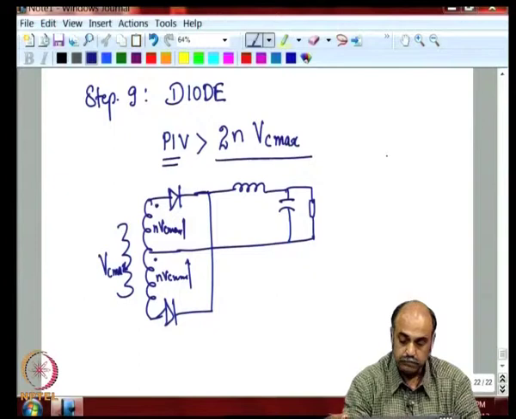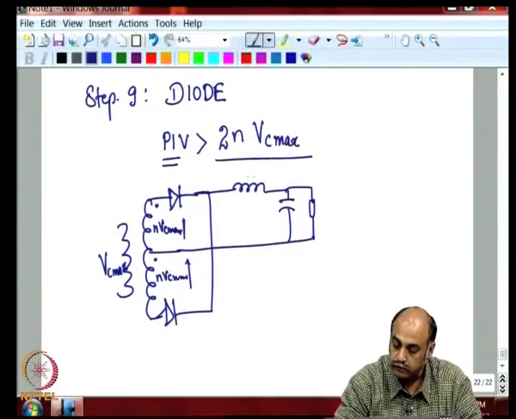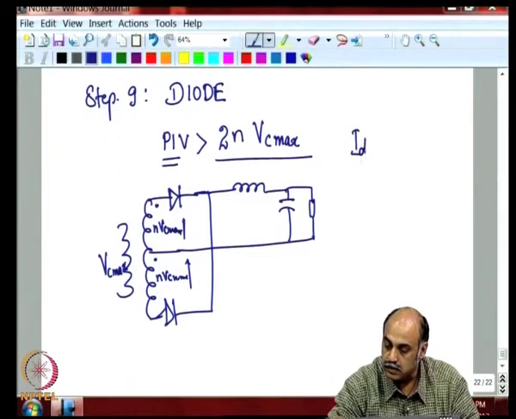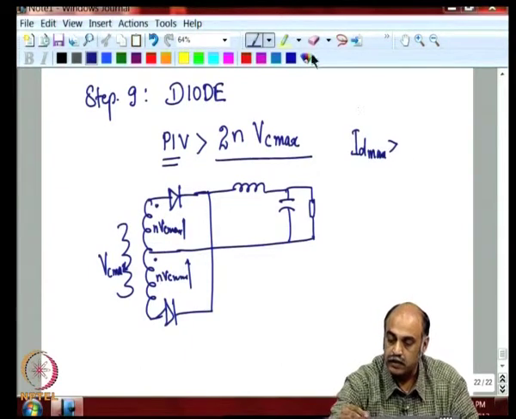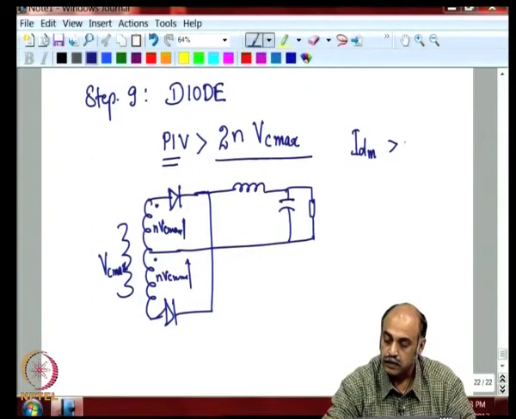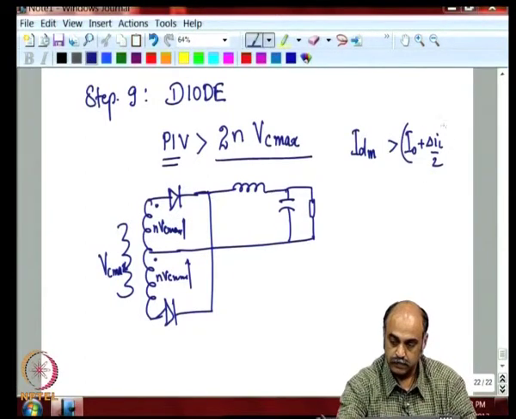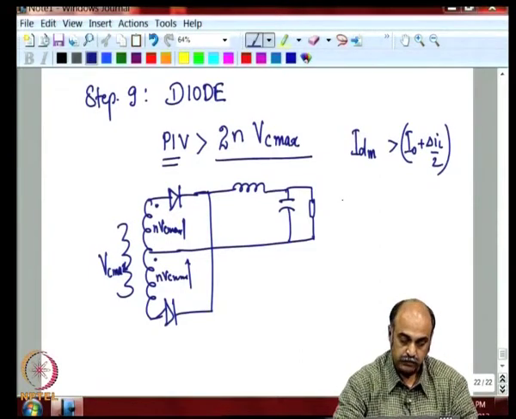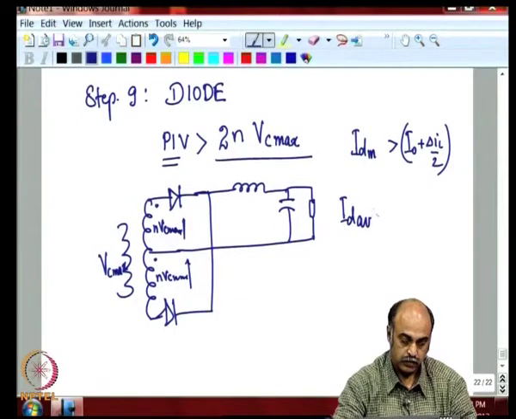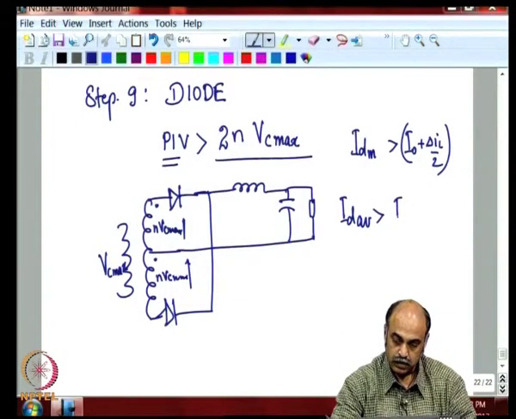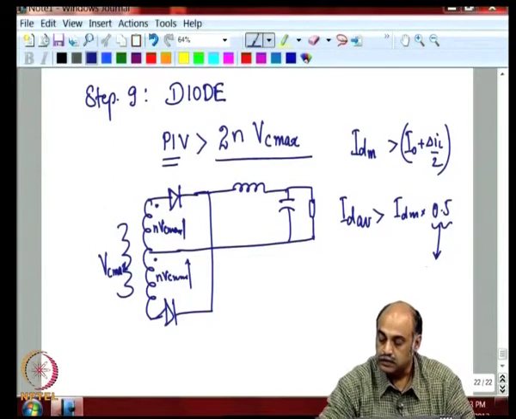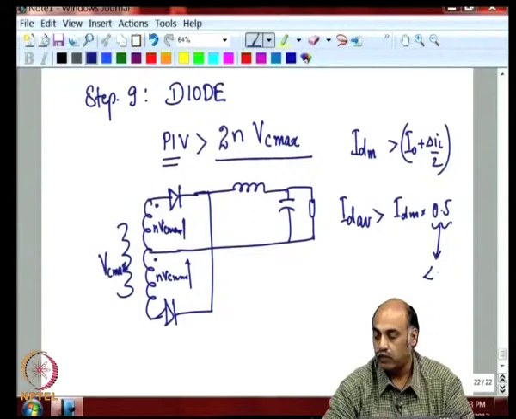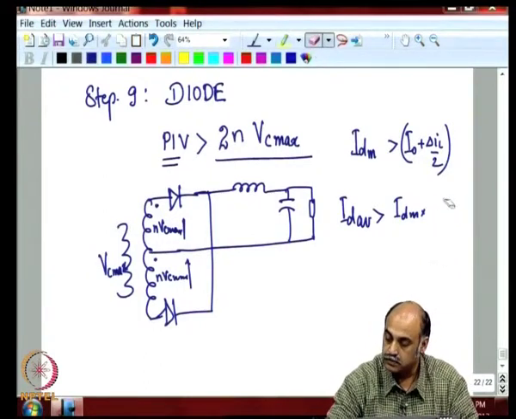And what should be the peak value of the current? The peak value of the current through it is whatever I naught, ID max should be greater than, or the IDM value should be greater than I naught plus delta I L by 2, and the average value ID average should be greater than IDM into 0.5 because maximum duty cycle is less than 0.5, or you could say IDM into D max.